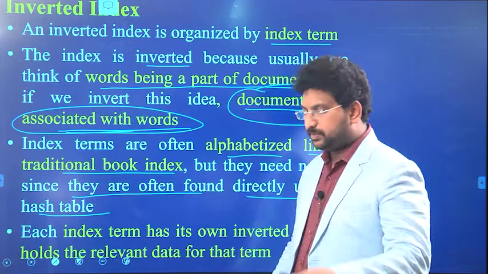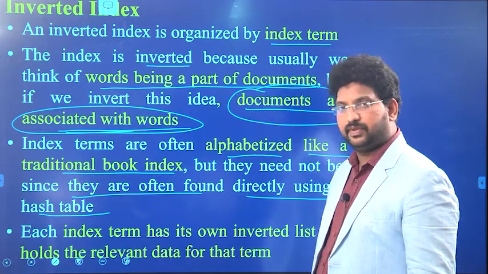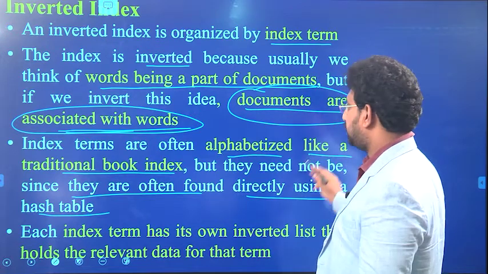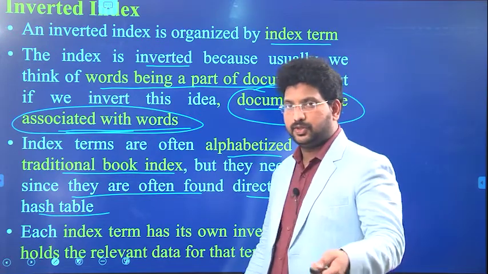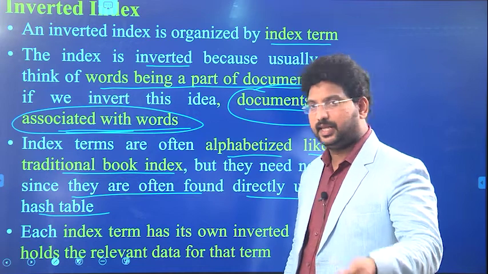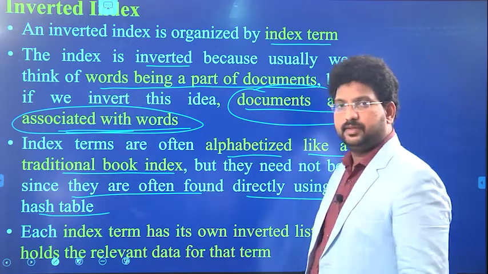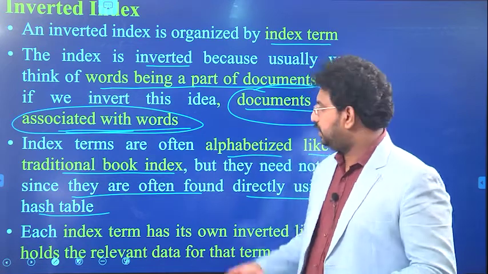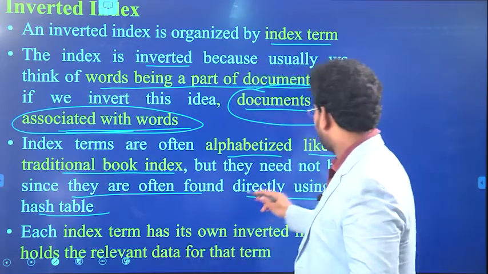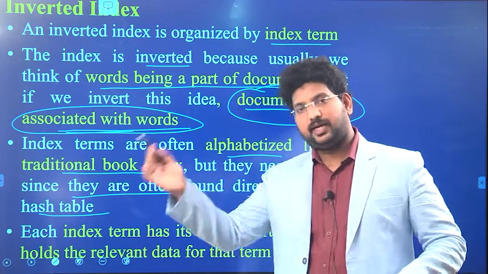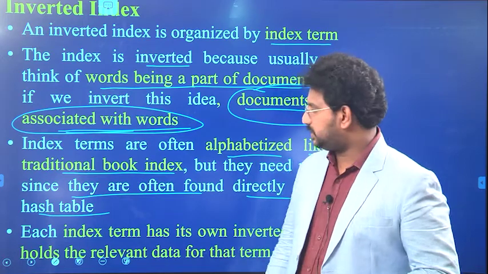Here you come to find one of the very important points. In traditional indexing the index terms are arranged alphabetically, but there is no necessity for that. If you use the concept of a hash table, you can directly find the index terms.